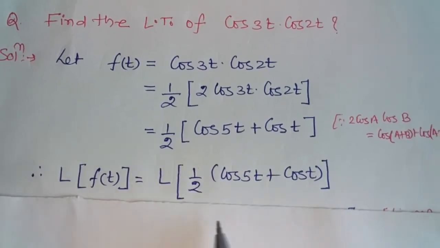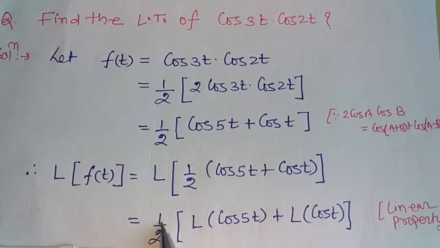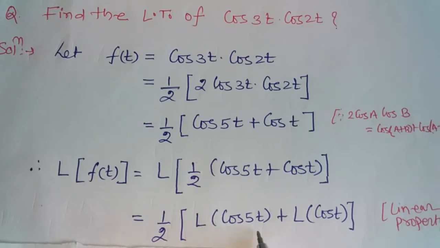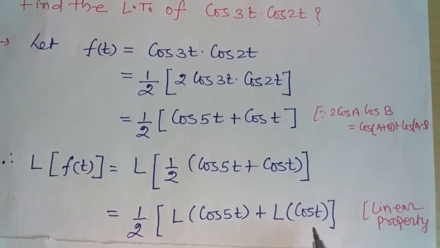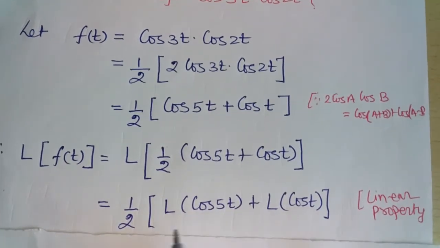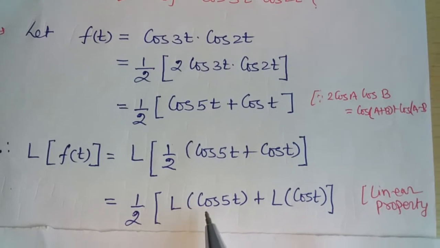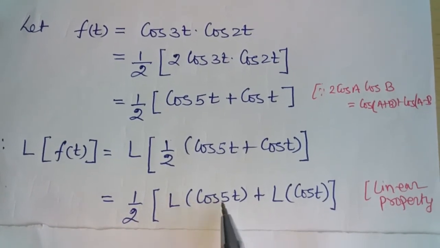Now use the linear property, we get 1 by 2, constant multiple as it is, Laplace transform of cos 5t plus Laplace transform of cos t, using the linear property. Now Laplace transform of cos 5t is what? s upon s square plus 25, 5 square.